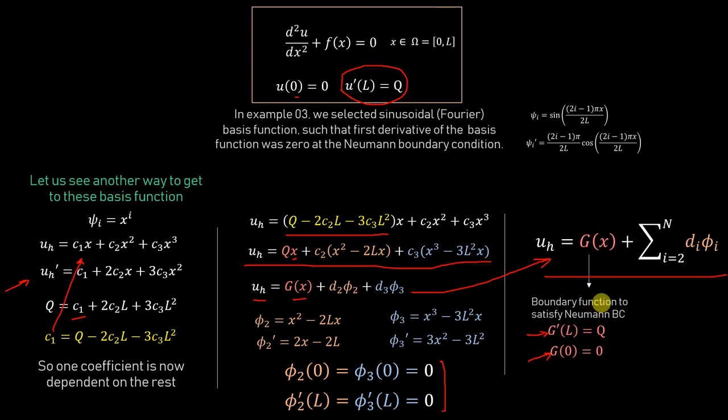This is some advanced boundary function, apart from the boundary function that we discussed in the non-homogeneous Dirichlet boundary condition case, this is g(x). This is more than b(x), and this part is what we want to calculate now. These are a new set of basis functions, and these coefficients d_i are what we want to find out.